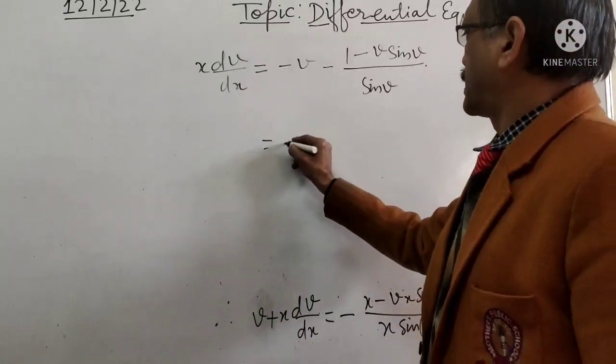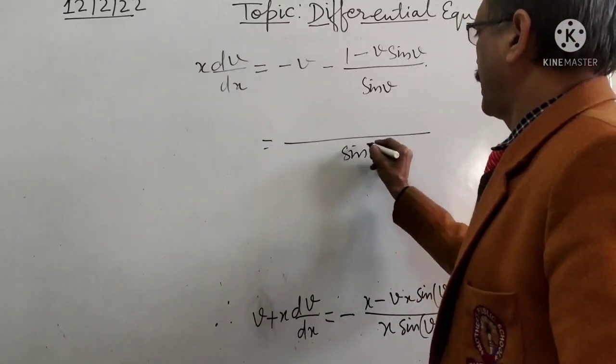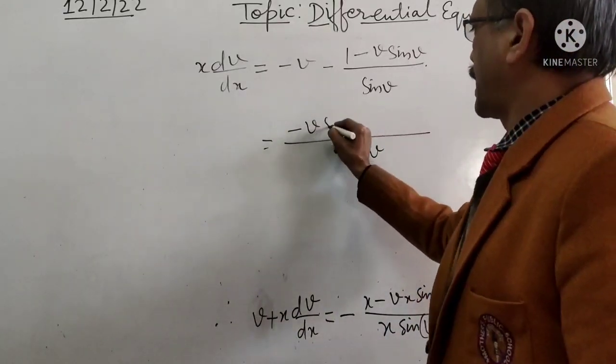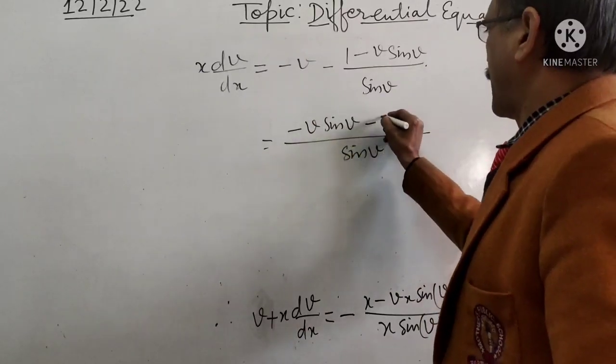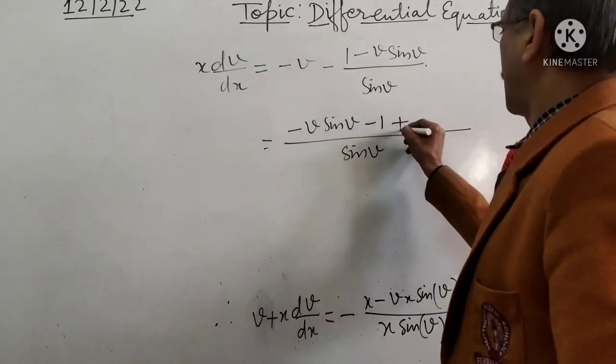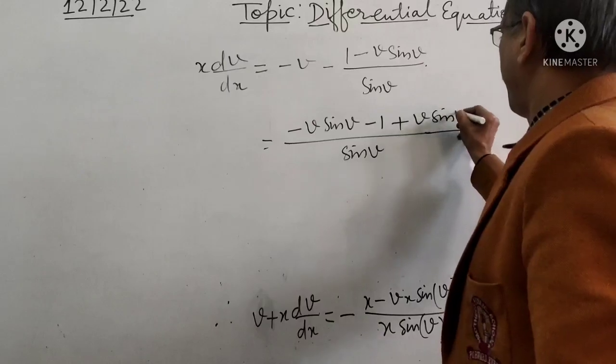We will take the LCM. It is sin v, it is −v sin v − 1 + v sin v.